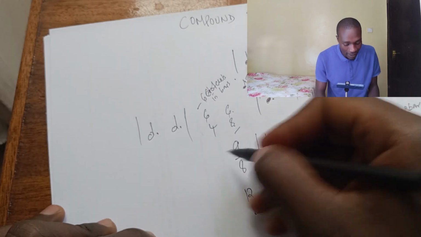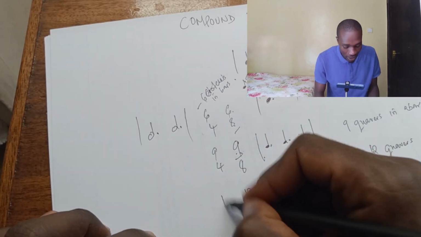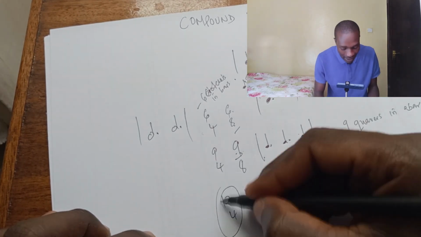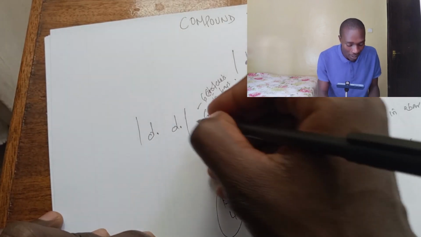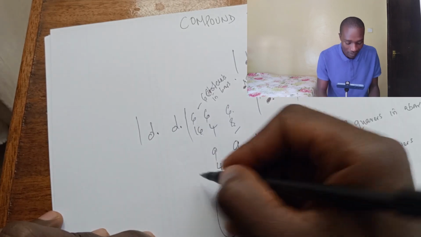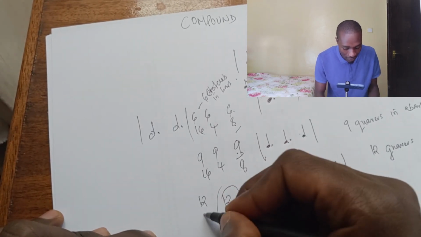You can also find 9/4. You can also find 12/4, which is rarely used. These are rare cases. We can also find the ones where the lower value is 16. We can have 6/16. We can have 9/16. We can also have 12/16.